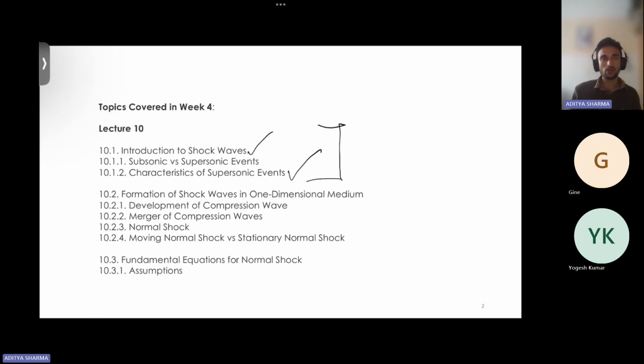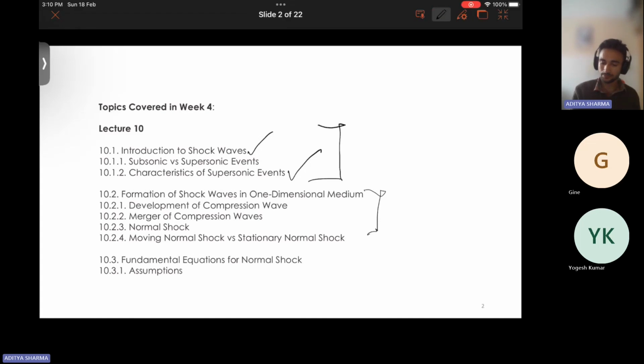As the module also suggests, for the sake of our study, we are trying to model a normal shock wave, and in that quest we have gone through this particular topic, the formation of shock waves in one-dimensional medium.